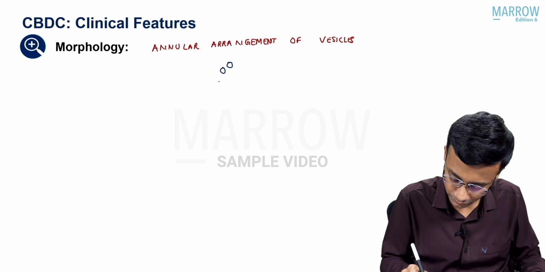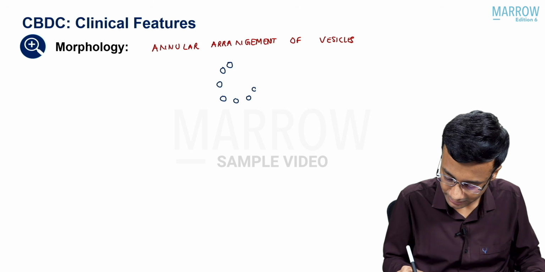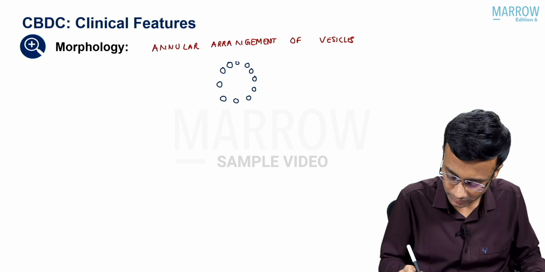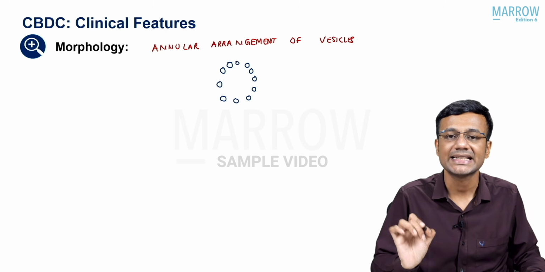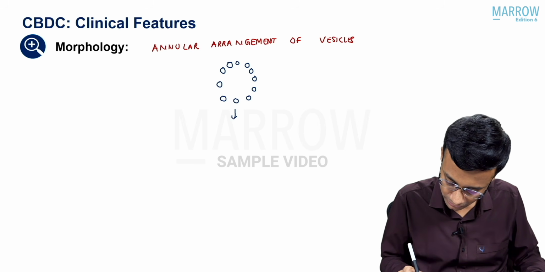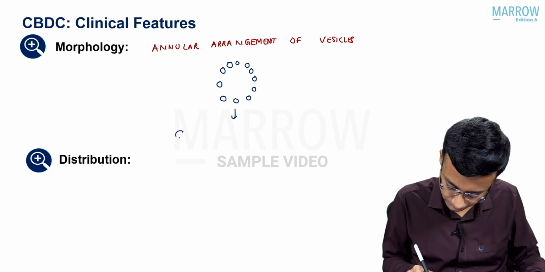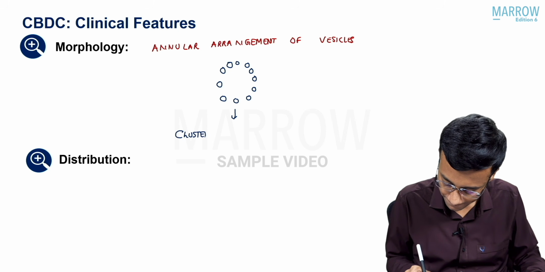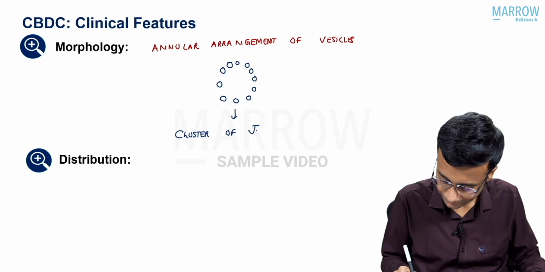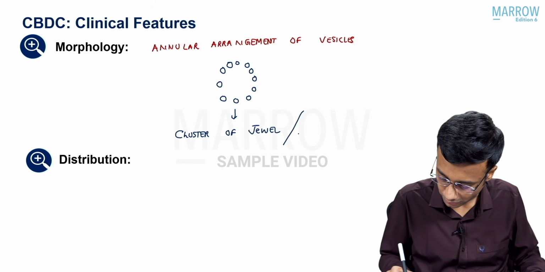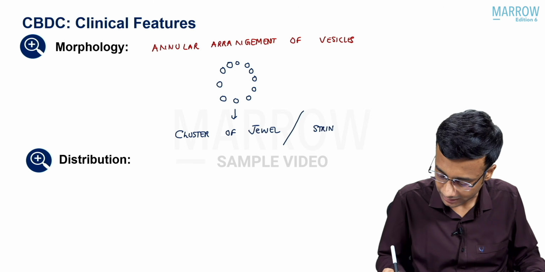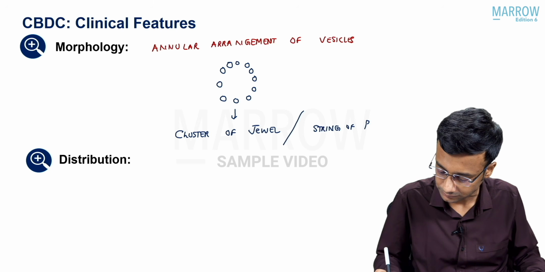So this is the arrangement to remember: annular arrangement of vesicles, and this has a characteristic name. This is also known as cluster of jewel or string of pearl appearance.